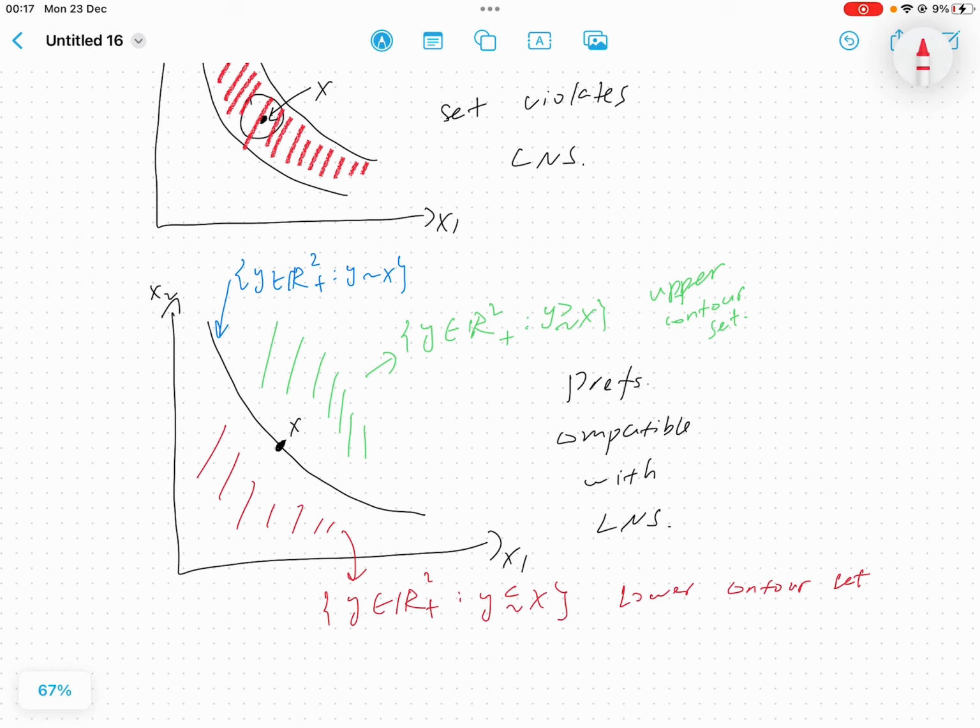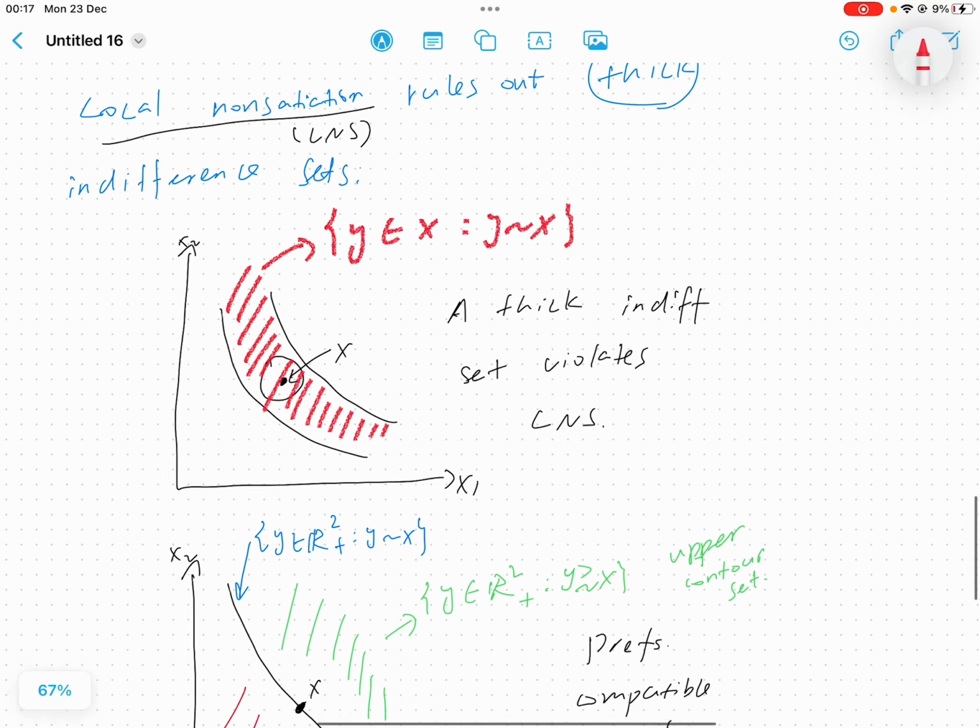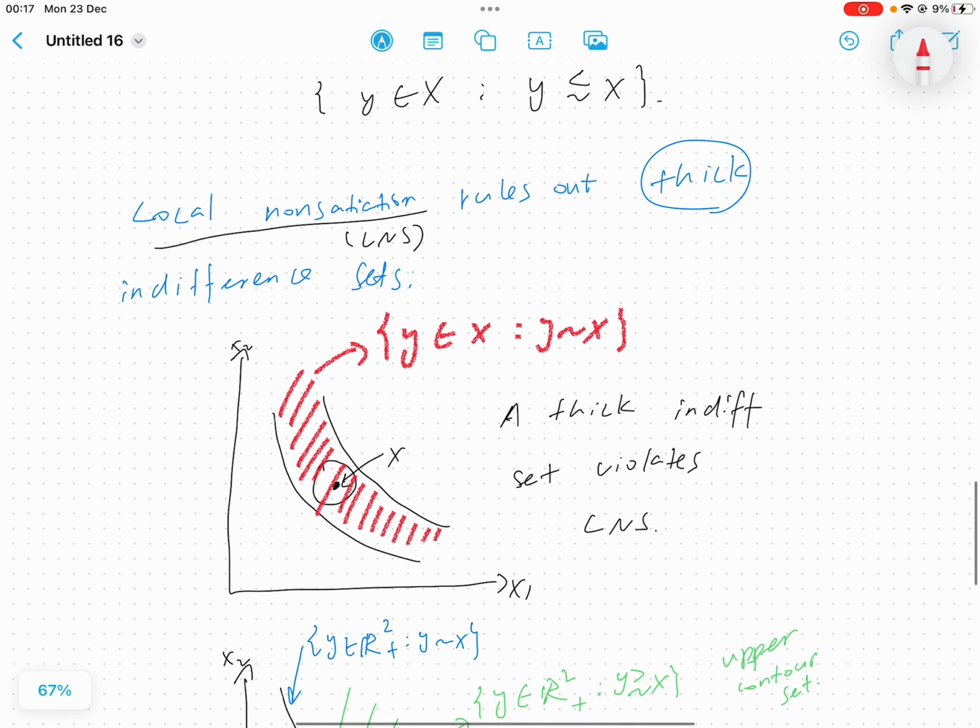That is, strong monotonicity implies monotonicity, and monotonicity implies local non-satiation. Local non-satiation helps to rule out the thick indifferent sets, which would not be very useful for us to study consumer theory.